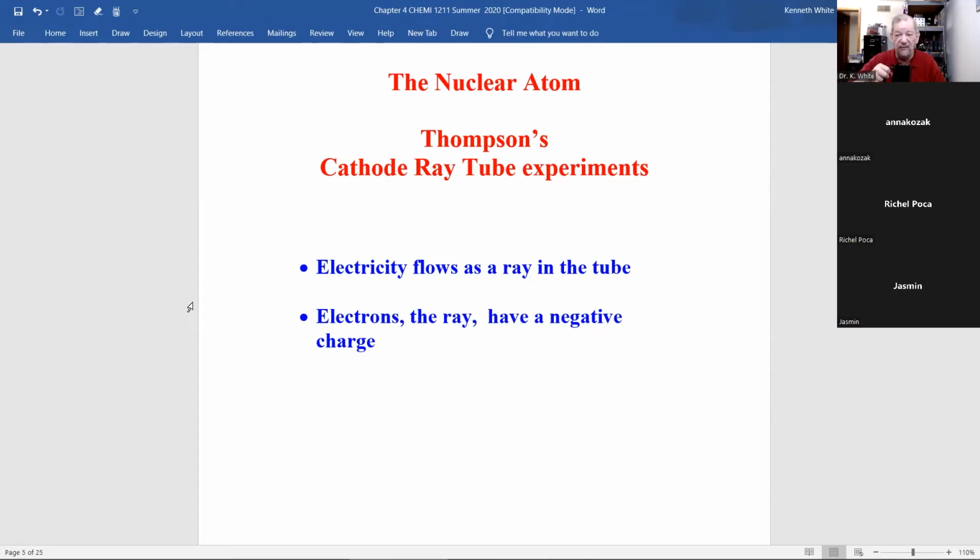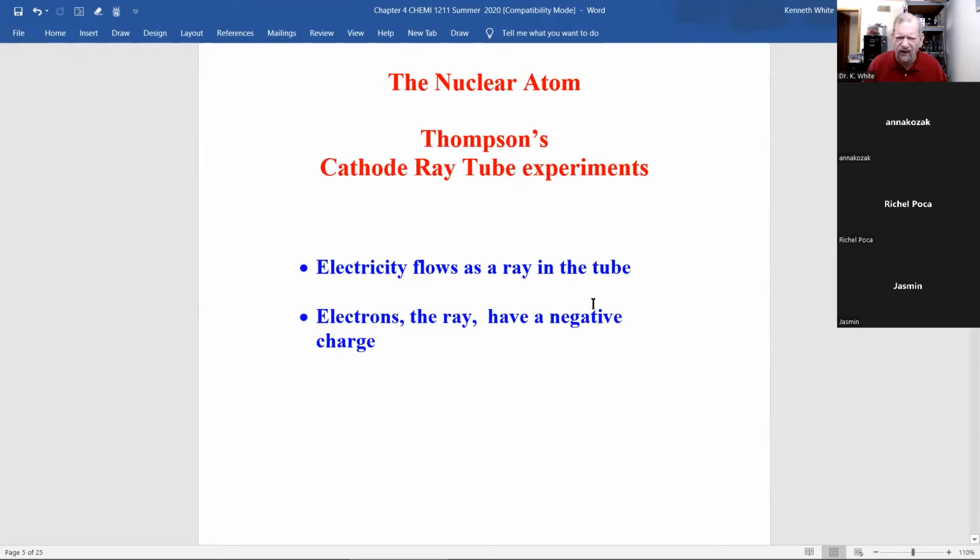We don't use that anymore. Now we use LED or LCD screens like my monitor in front of me. And by his experiments, Thompson was able to prove that electrons have a negative charge. So you should know Thompson's cathode ray experiments prove that electrons have a negative charge.